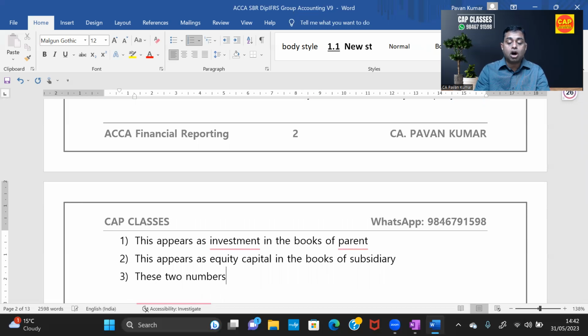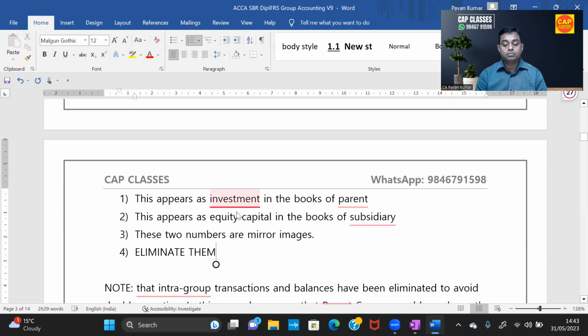These two numbers are mirror images. IFRS says eliminate them. That's all.